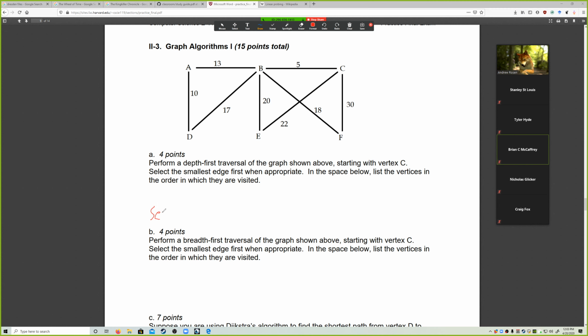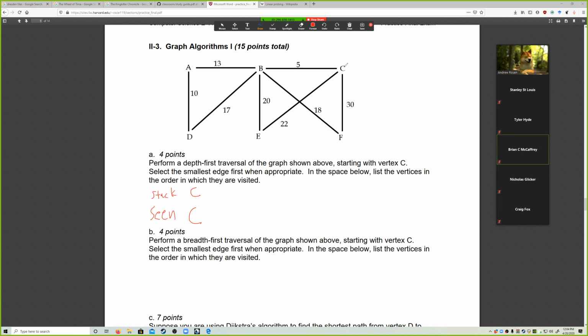Okay. I'm going to create a set over here called seen. First, we start with vertex C and select the smallest edge. With depth first search, I'm going to create my stack over here, and C is in my stack.